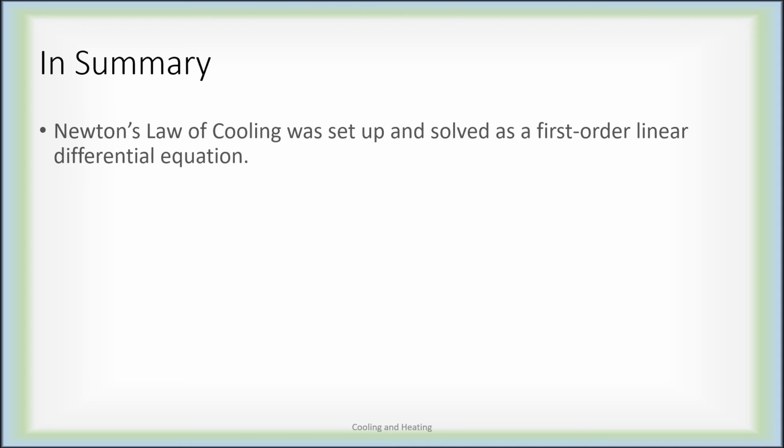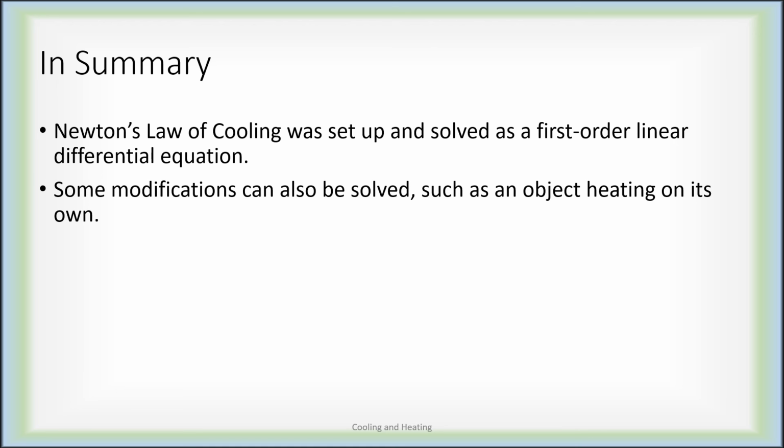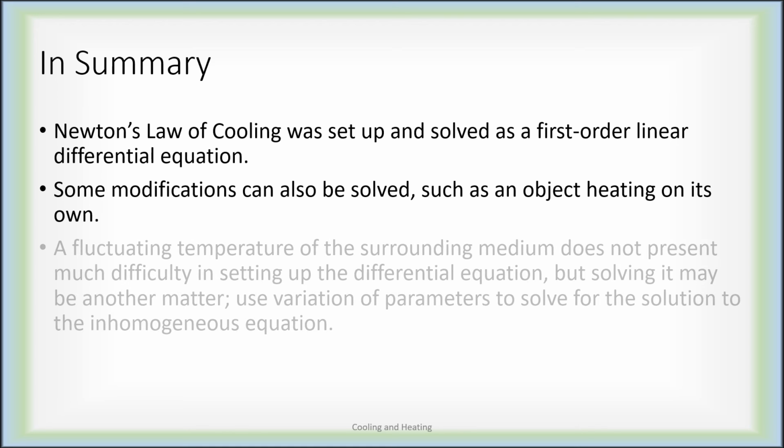Overall, what have we learned? We set up Newton's law of cooling and solved it as a first-order linear differential equation to generate a formula that many of us have seen before. Now we can also modify our initial differential equation in a few ways, like adding constant heat generation from the object, and we were able to solve that as well.